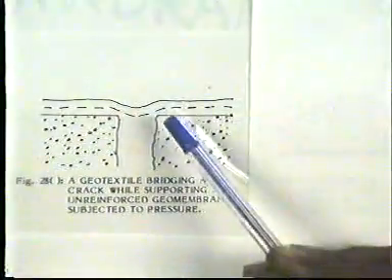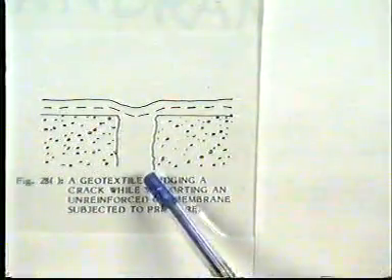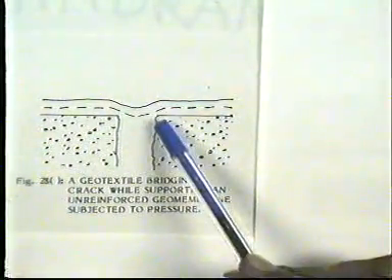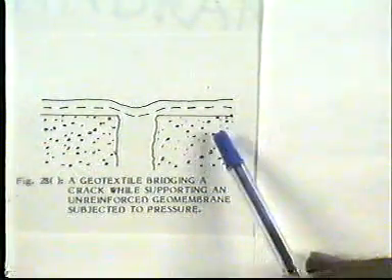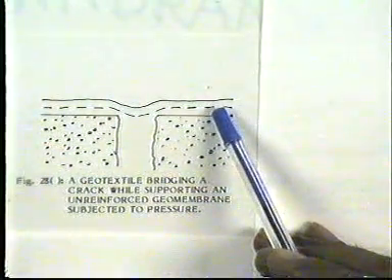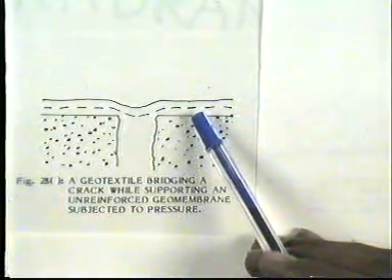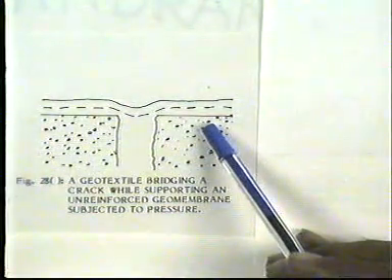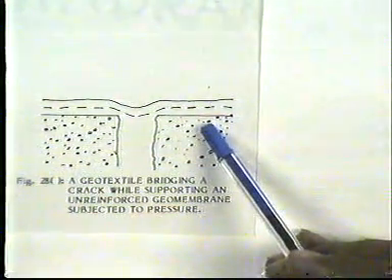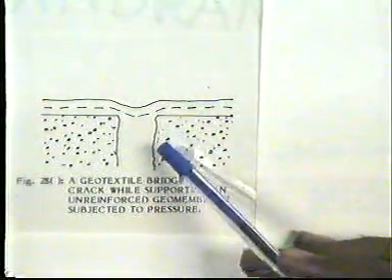So here the geosynthetics material acts as a tension membrane function. A geotextile functions as a tension membrane when it is placed between the two materials having different pressure.